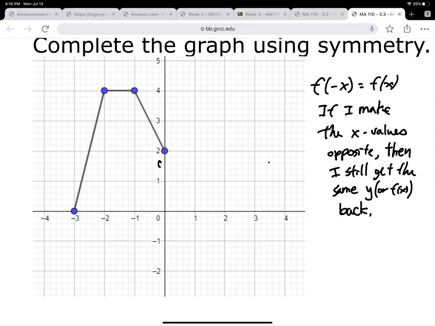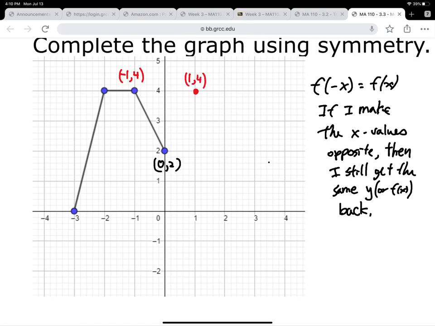So what we could do here is this. This is 0, 2. And notice 0, 2, if you make the x opposite, 0 is neutral, so you can't really make it opposite anyways. So 0, 2 will stay. This right here is negative 1 and 4. So if you take the x value and make it opposite, negative 1 becomes 1. And the y value is still the same.